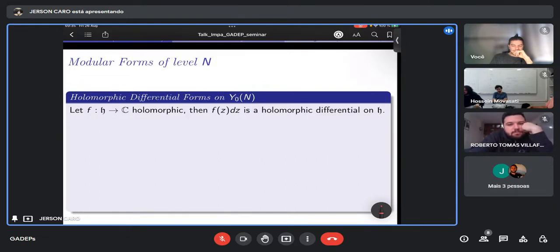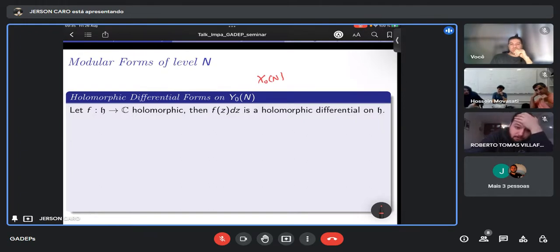This is the main part of the modular setting. Now I want to define what a modular form is. More or less, a modular form is a differential on X_0(n). We will put some conditions in order to get a holomorphic differential form on X_0(n).